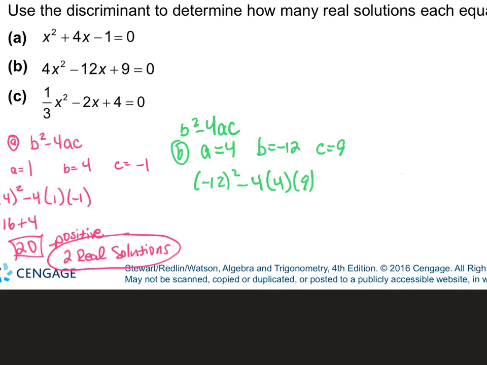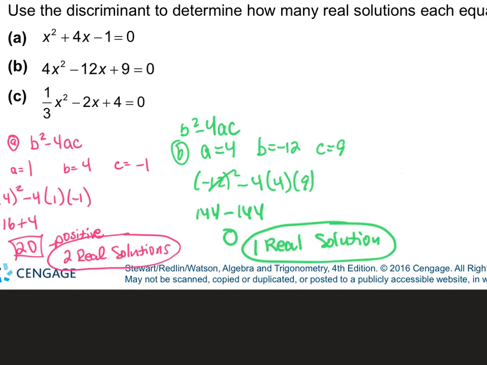We already did this in our example, but negative 12 squared is 144 minus 4 times 4 is 16, and then we did that 16 times 9 was 144. So what is 144 minus 144? 0. If you get 0 as your discriminant, you know that you're going to have one real solution. Does that make sense?